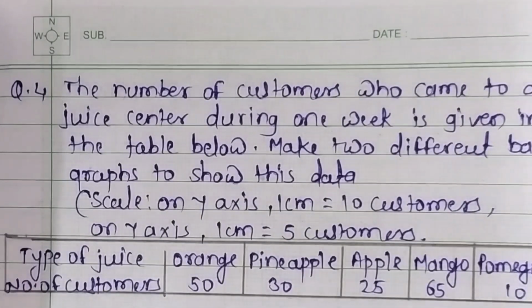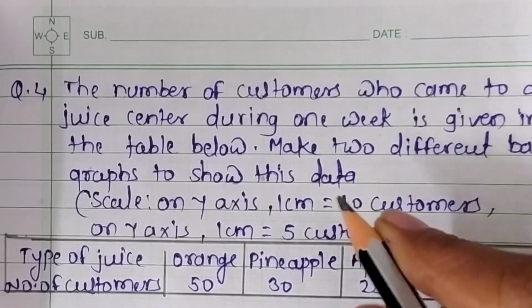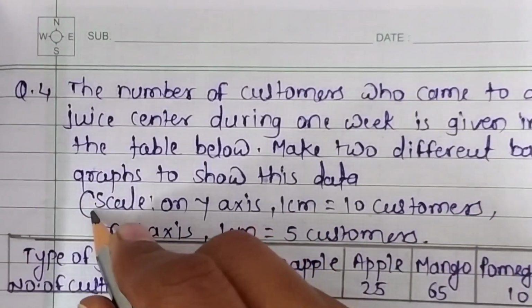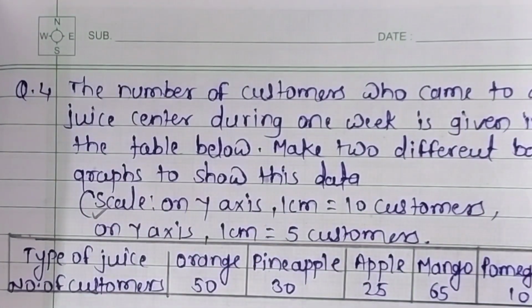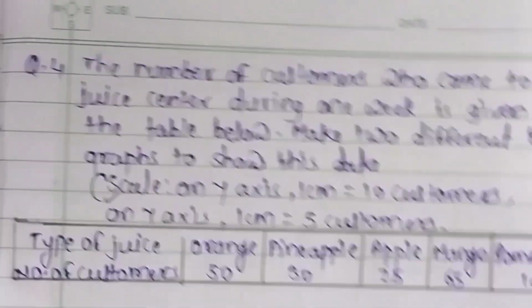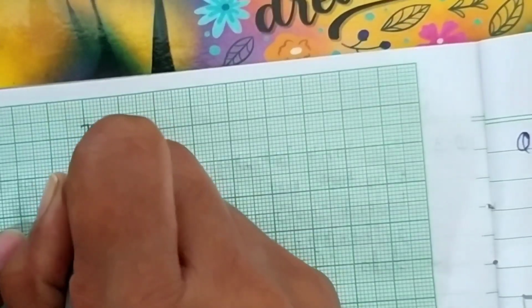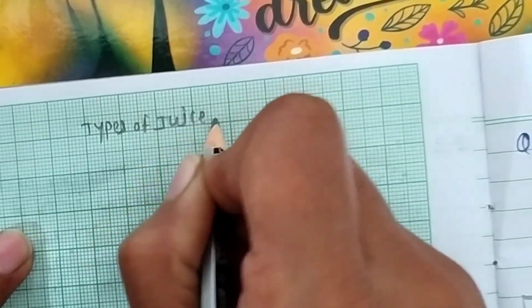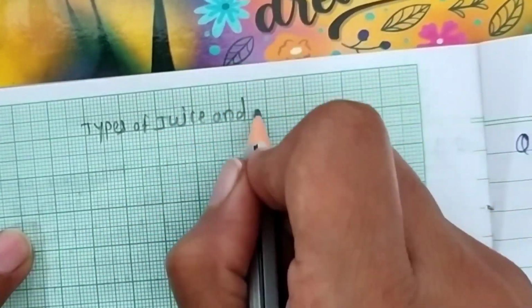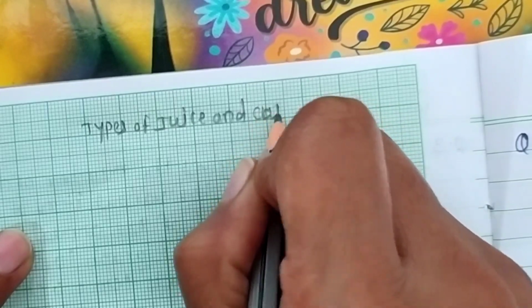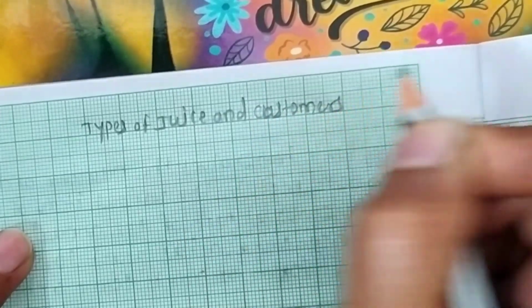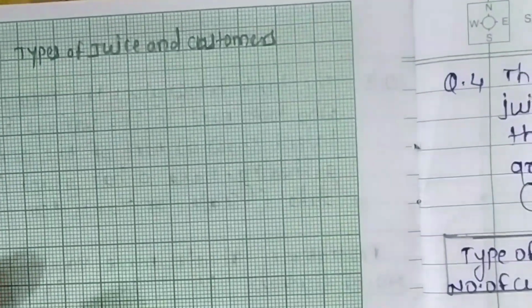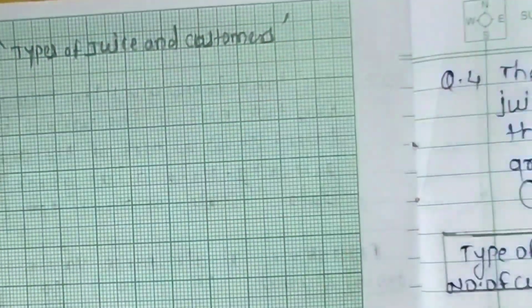So here we are going to draw a graph for 10 customers. First, we are using the scale 1 centimeter is equal to 10 customers, and the name of our graph is juice. And customers, or you can write here number of customers also.